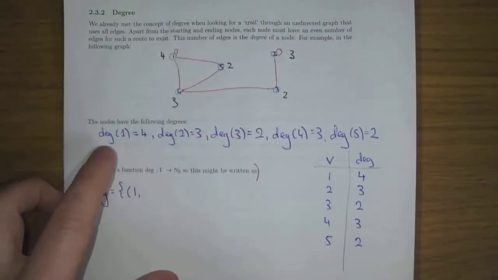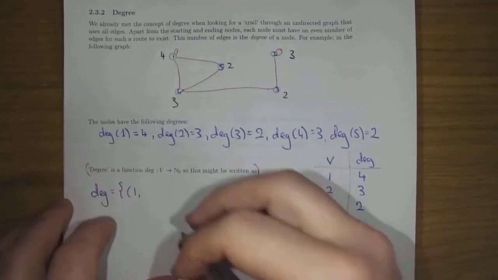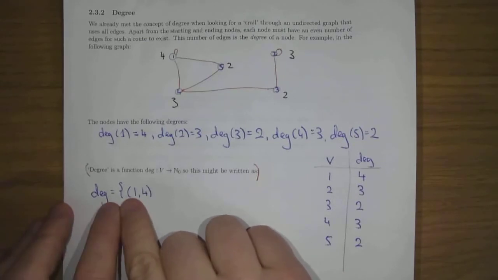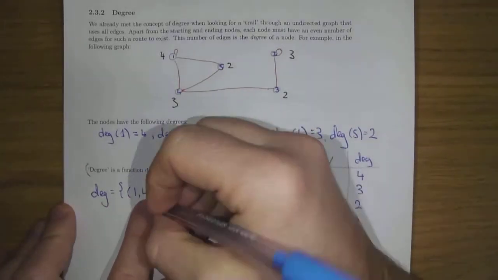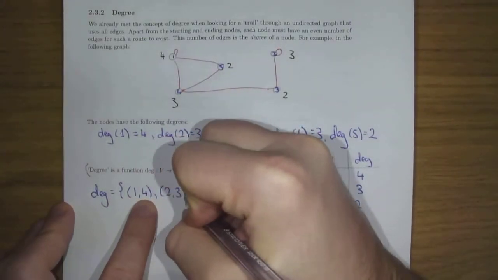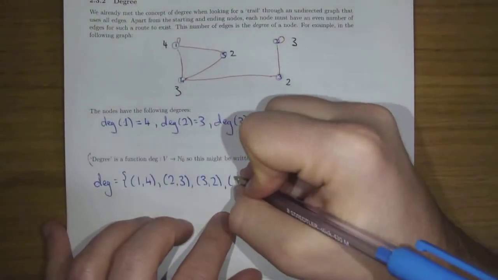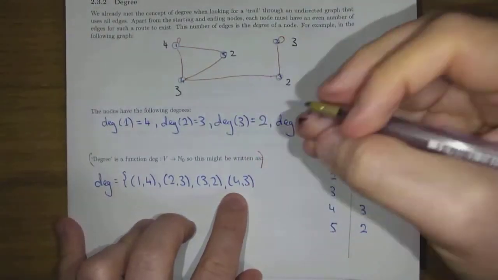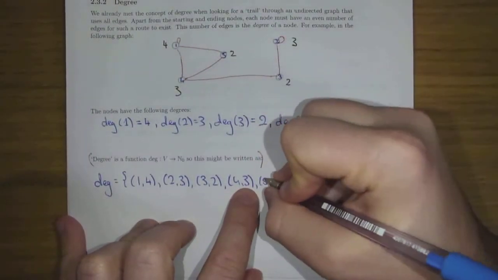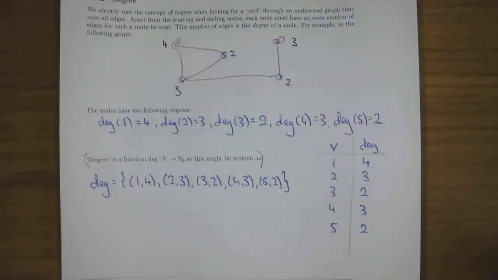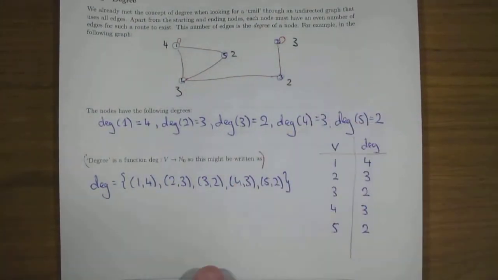So 1 is related to 4, because it's a relation between a vertex and its degree. 2 is related to 3. 3 is related to 2. 4 is related to 3. And 5 is related to 2. You can say it's a relation called degree, a set of ordered pairs. If you write 1 is equal to 4, 2 is equal to 3, 3 is equal to 2, 4 is equal to 3, 5 is equal to 2, I'm going to mark you down.